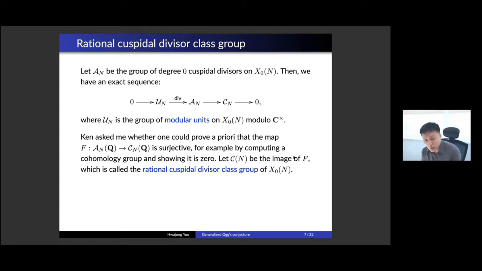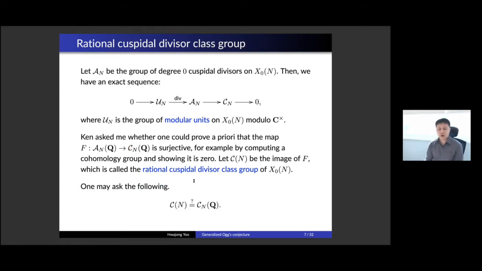And we can ask whether this map from the rational points of A_n to the rational points of C_n is surjective. This map may not be surjective, but it is surjective if, for instance, the first cohomology group of this one is 0. Then this must be surjective. So let C(n) be the image of this in the rational cuspidal group, which is called the rational cuspidal divisor class group.